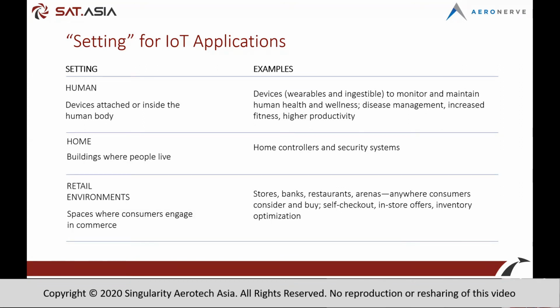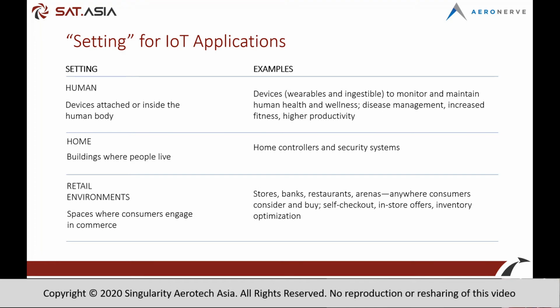Let's say, for example, 10 minutes before you arrive, it can switch on the aircon. If you like to make coffee, then maybe it starts the machine right away. So that is a home controller or security system in the house.